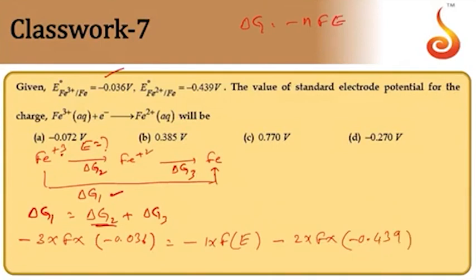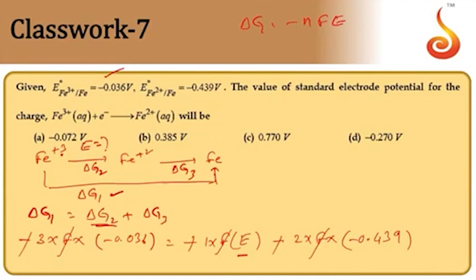0.439. So we can change sign throughout. We can cancel the value of F also throughout here. Cancelling F throughout, we are left with 3 into minus 0.036 here, and E here, 2 into minus 0.439 we have.